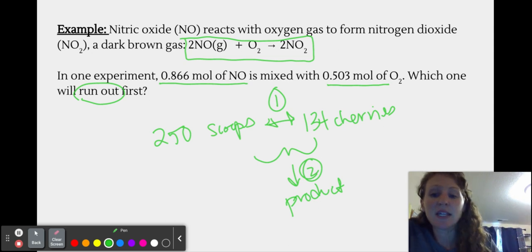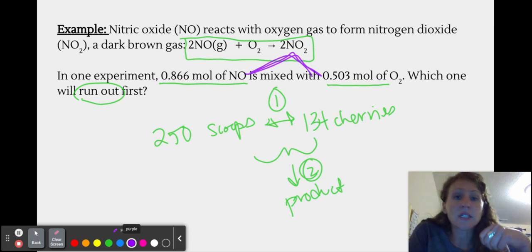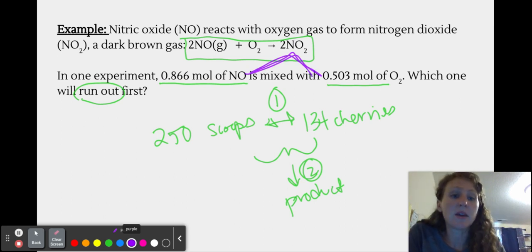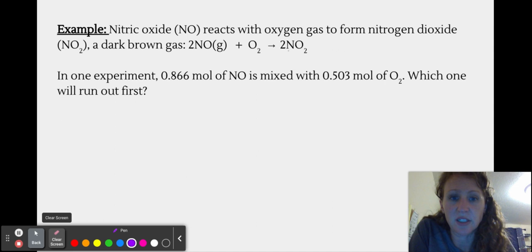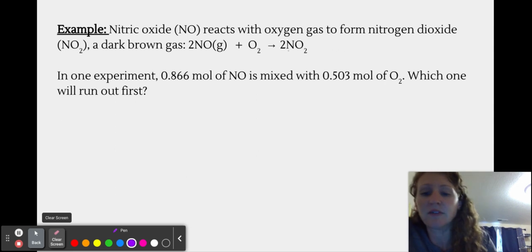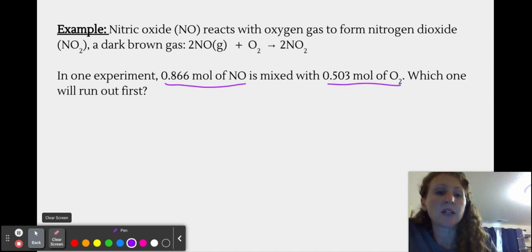Either you need to take these 2 amounts and compare them to each other, or you need to take the 2 amounts and compare them to the product. Okay, so I'm going to go about this question in that second method. I'm going to take the information I have and compare them both to my product.